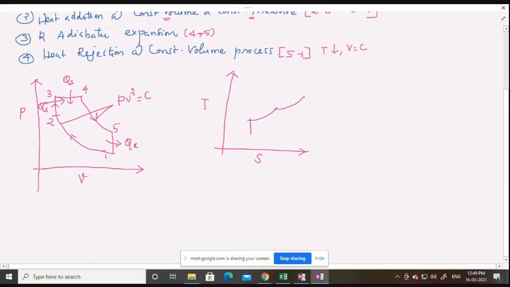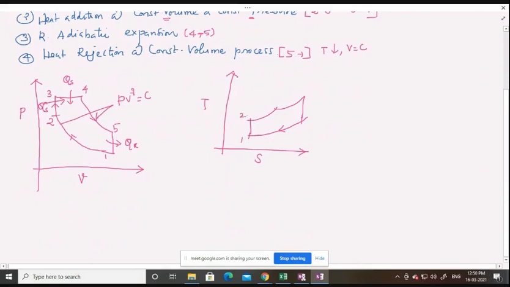The next process is expansion, where pressure decreases, and because it is adiabatic, entropy is constant. The final process is heat rejection at constant volume, where temperature decreases.